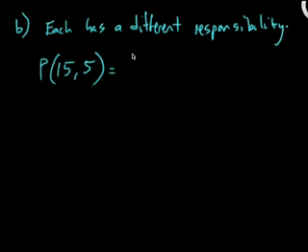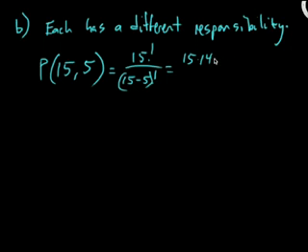So this formula would be 15 factorial over 15 minus 5 factorial. And that's just 10 factorial in the bottom.